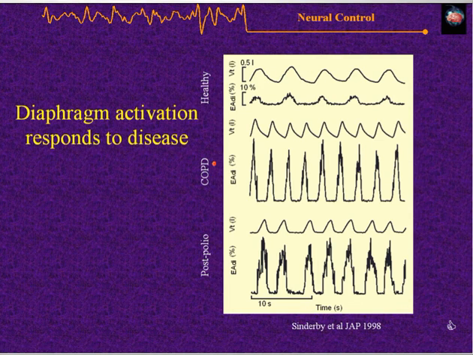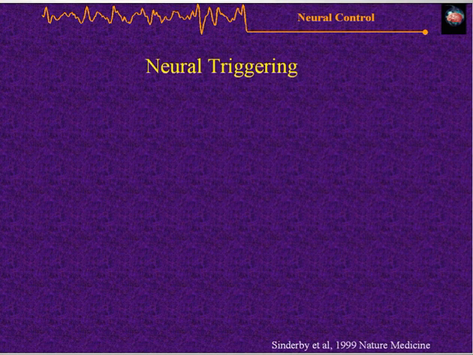Now, if you look at patients who have diaphragm weakness, such as a COPD patient or a patient with prior polio infection, in order to achieve the same tidal volume, they require approximately a 4-fold increase in their diaphragm activation. And the point I wanted to make with this slide is that as your pneumatic signals get weaker and weaker, as your respiratory dysfunction gets worse, the diaphragm activation strength is actually going up. So for controlling a ventilator, from that point of view, it's beneficial. The electrical activity of the diaphragm has an advantage.